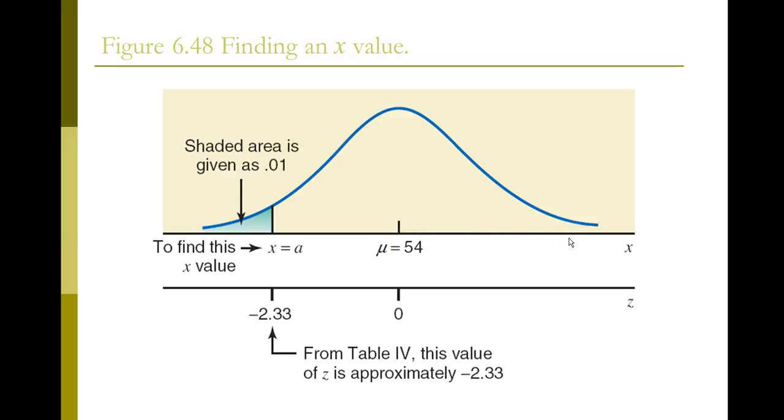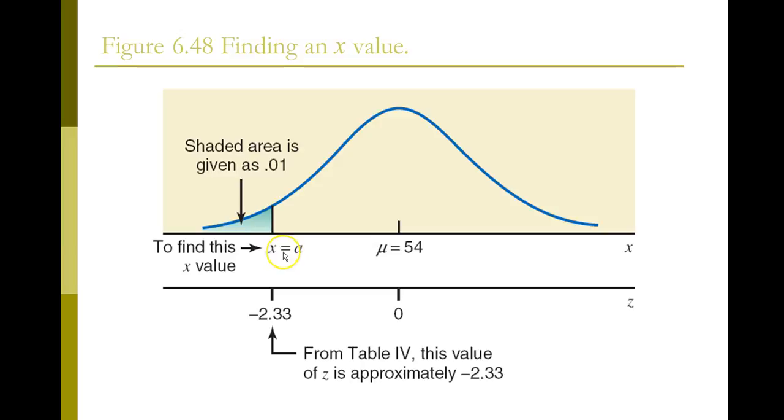So if we set it at 60, most of them wouldn't last that long, and we'd have to replace a whole lot of them. So what we want to do is set that warranty down here at something lower than 54, such that only 1% of them will have to be replaced, so that the area here should only be 1%.